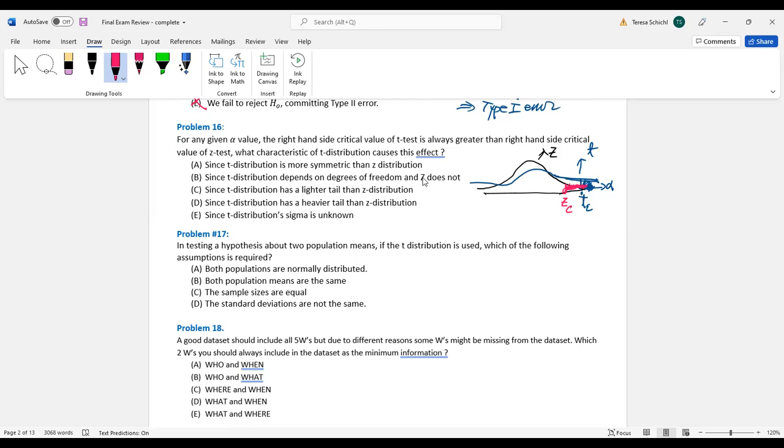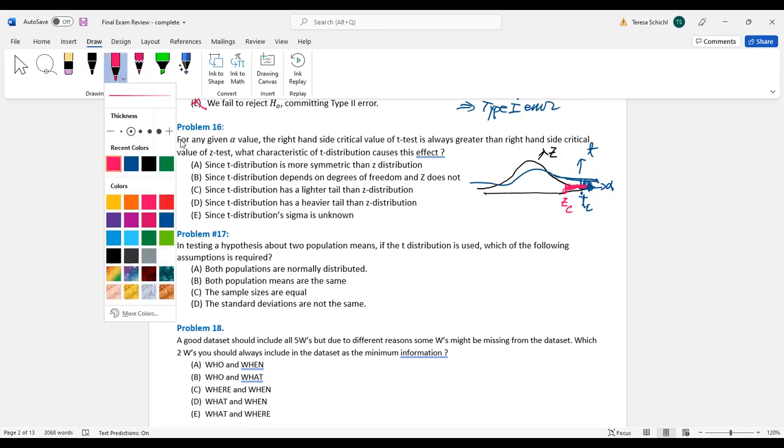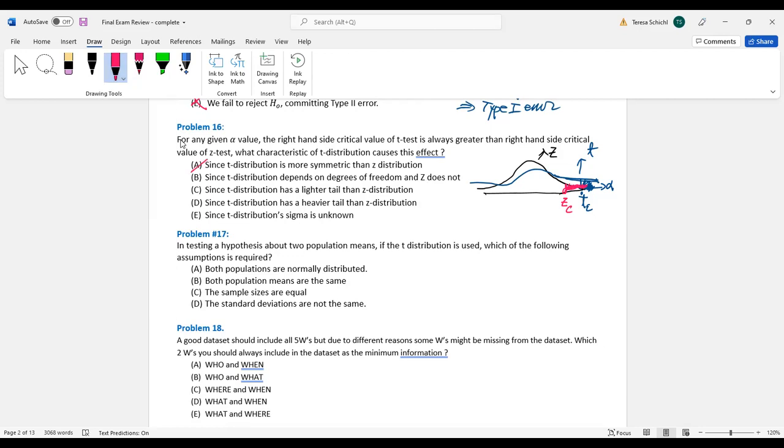So what is the property here? Let's take a look at which one is the correct one. Since the t distribution is more symmetric than the z distribution, no, this is not true, because t and z are both symmetric. Since the t distribution depends on the degrees of freedom and the z does not, this is a correct statement, but it does not tell you why the critical value of the t is greater than the critical value of the z.